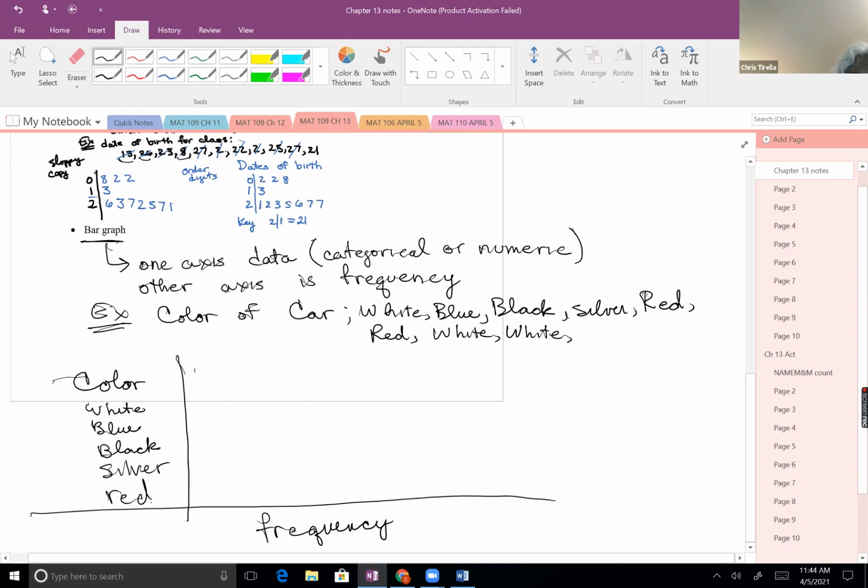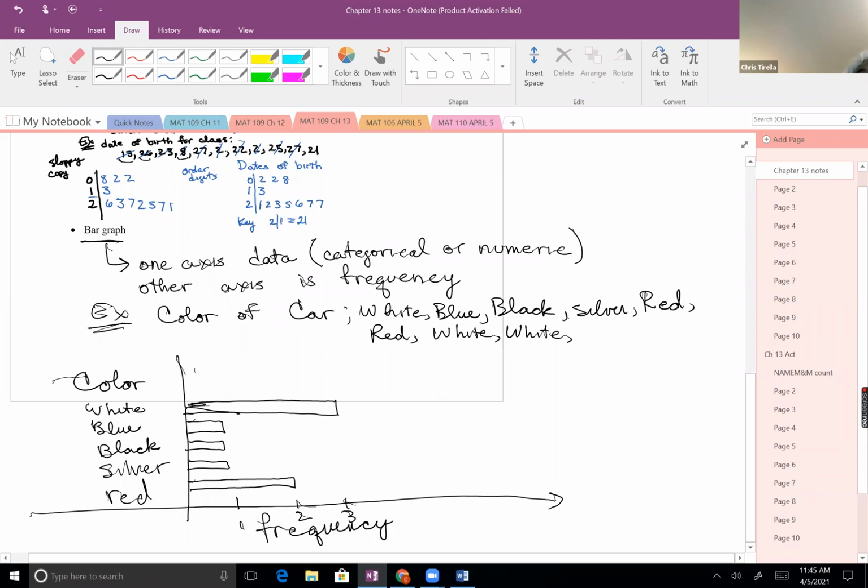And let's see, my highest frequency is 3, so I'll label that up to 3. And so then for red, I'd have a bar of length 2. For silver, 1. For black, 1. For blue, 1. And for white, I'd have a bar of length 3.